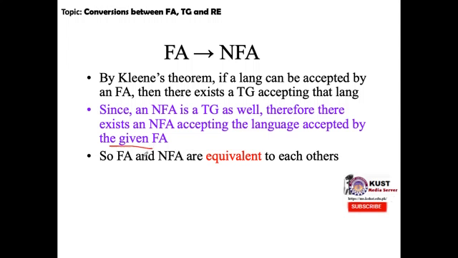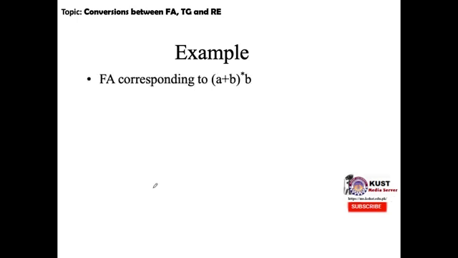So FA and NFA are equivalent to each other. By equivalent we mean, if a language can be accepted by an FA, then there exists an NFA that accepts the same language.